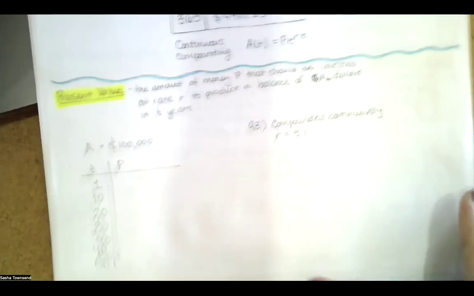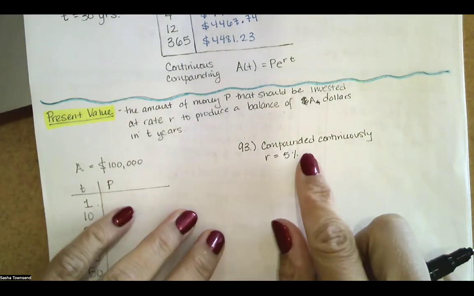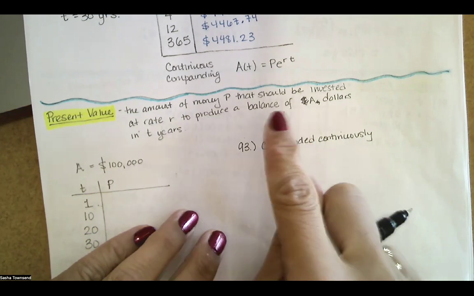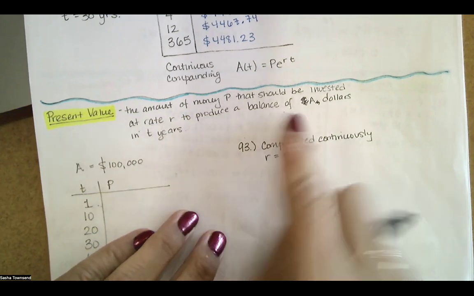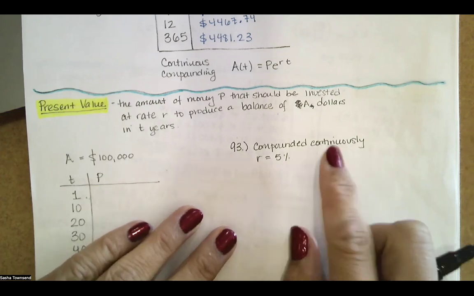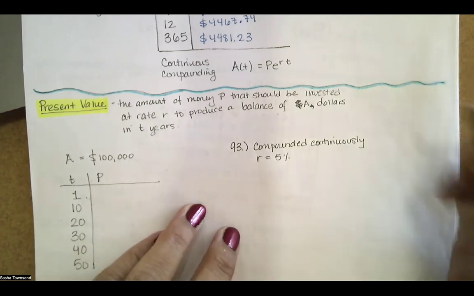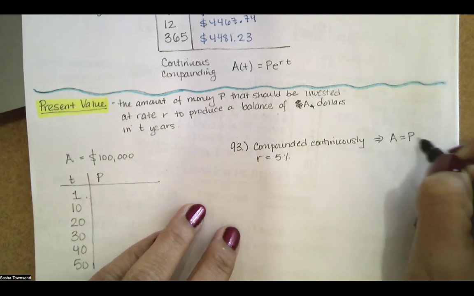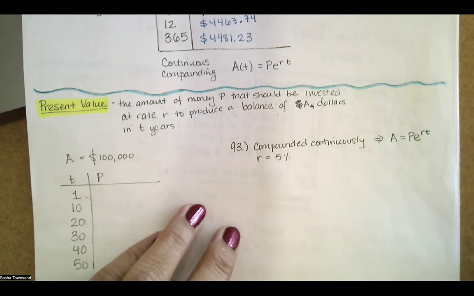Now for 93, we're asked to find that amount of money that we should invest at interest rate R to produce a balance of $100,000 in T years, given that our interest rate is 5% and that we're compounding continuously. Compounding continuously just means we should use the formula A equals P times e to the RT.